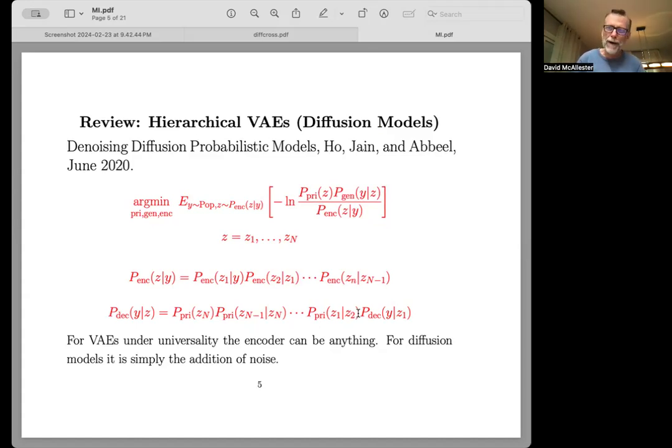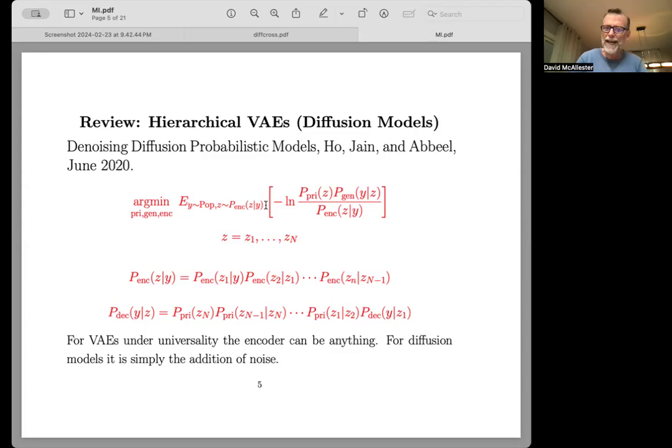And diffusion models can be viewed as a hierarchical VAE. So you would think diffusion models would be the fourth fundamental objective function, but I'm treating it here as a special case of VAE. And there's a general form of VAE called a hierarchical VAE. So this is the ELBO equation that we just saw.